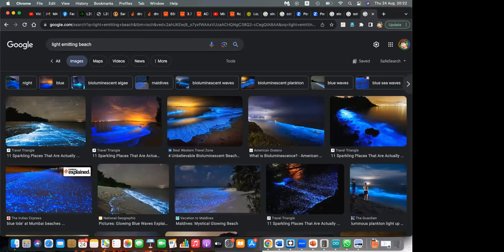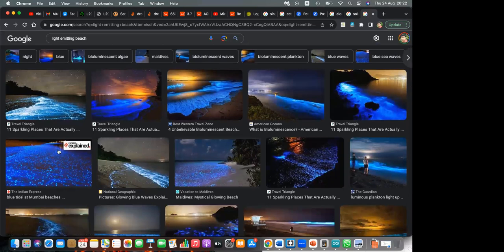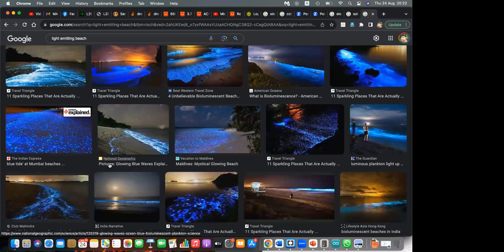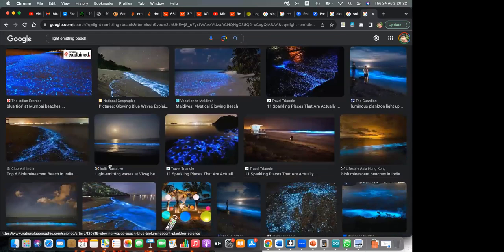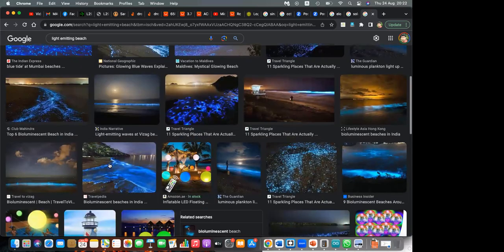Okay. This is one place where different algae types, like in the Amazon, make the beach glow. That is called a bioluminescent beach.